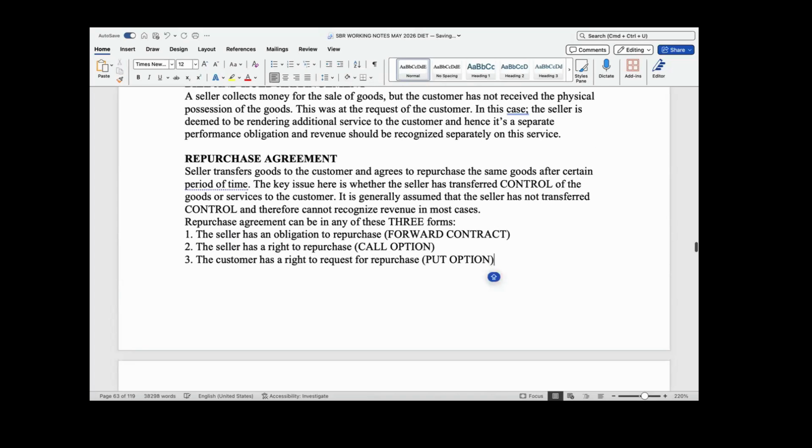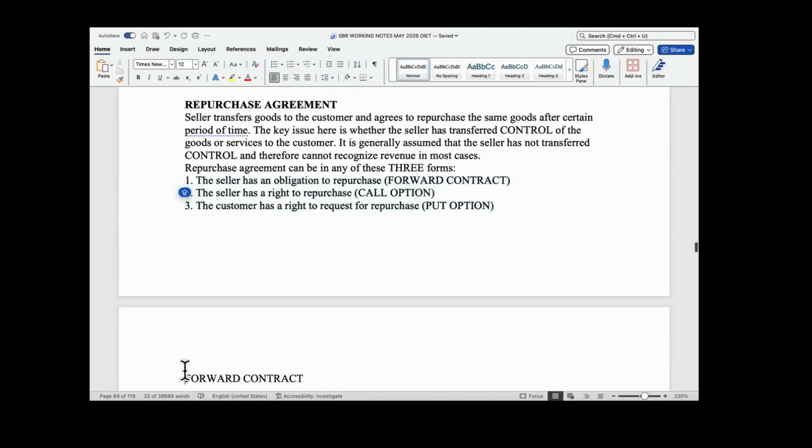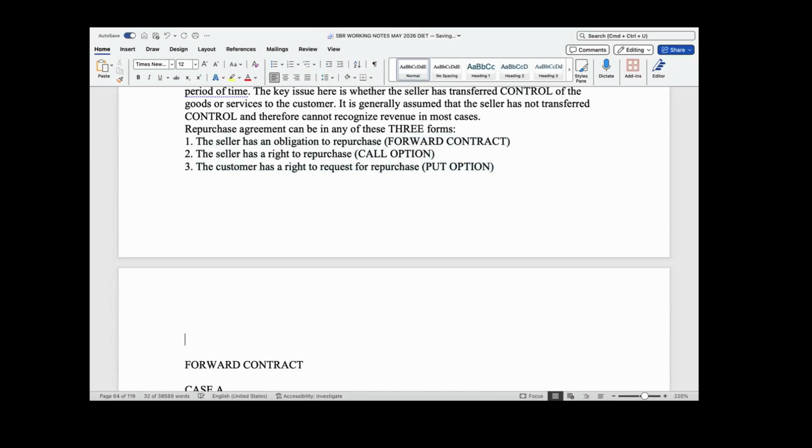So these three are what would enable us to determine how we account for a repurchase agreement.